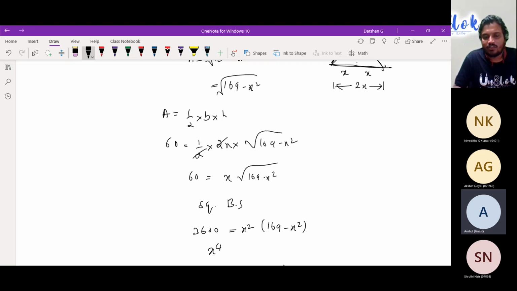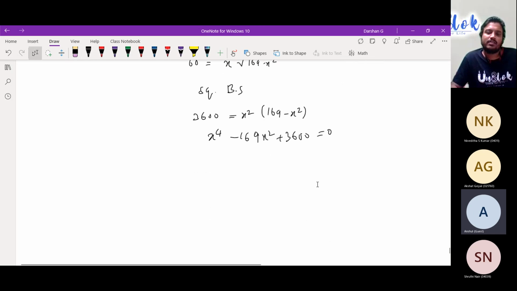So be careful while solving that. x to the power of 4 minus 169 x square plus 3600 equals to 0.